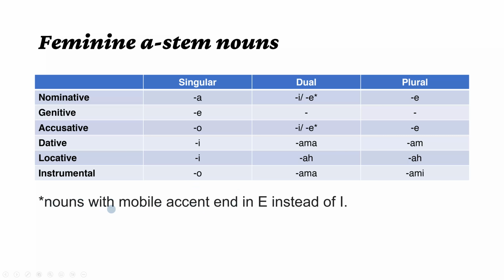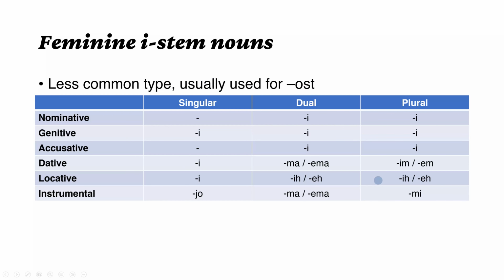You can look up nouns with mobile accent for a stem feminine nouns. There's a whole article on them on Wikipedia, but I'm not going to go into too much detail for now. Basically, i is going to be most common, so if you're a beginner, just use i for now.